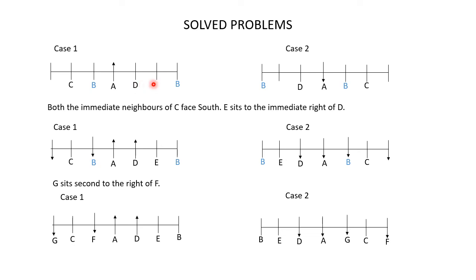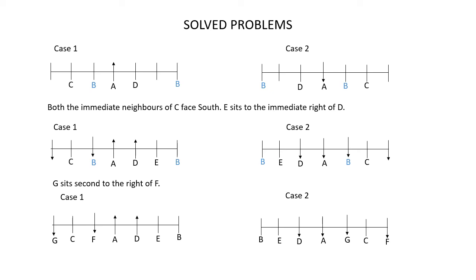If D faces south, then the immediate right of D is already occupied by A. So obviously D has to face north so that E can sit immediate to the right of D. So mark D facing north and mark E in this position in case 1.